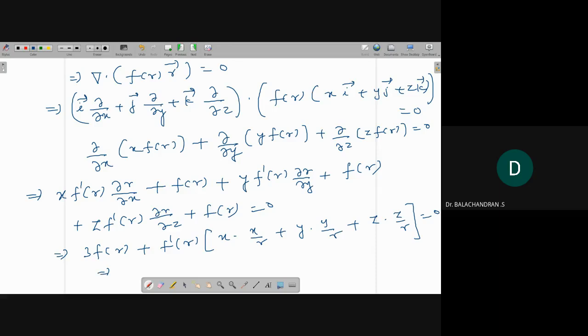So this implies you have 3 into f of r plus f dash of r. The numerator is what? x square plus y square plus z square divided by r is equal to 0. So from this you have r square by r is r.